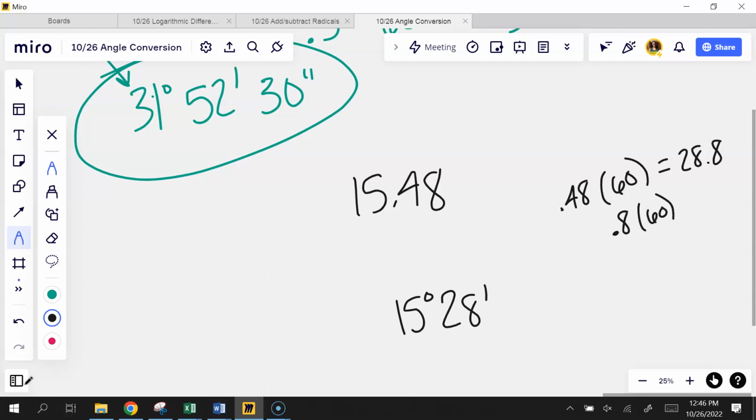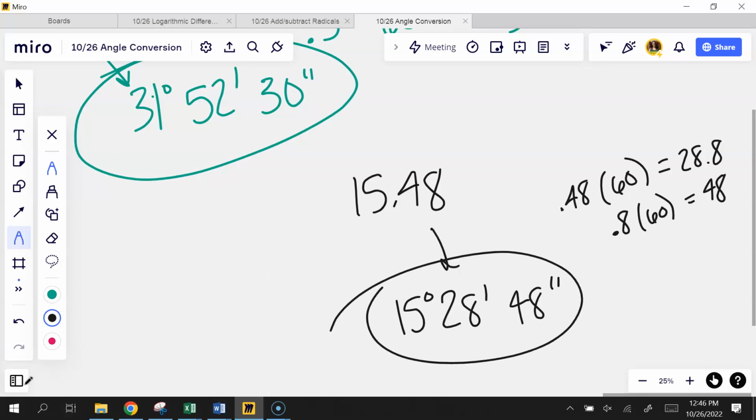That's okay, just move decimal over 1. 48 seconds. Then it'd be no minutes. No seconds. Yeah, that's exactly what it is.